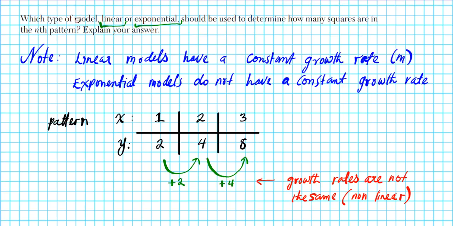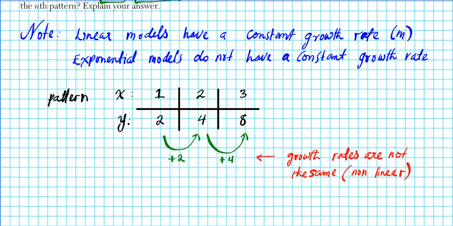Okay, so it says, which type of model, linear or exponential, should be used to determine how many squares are in the nth pattern? So we just answer in that format. Okay, so based on our results, the model that we're going to use to find the nth pattern is the blah. Okay, so keep that in mind.